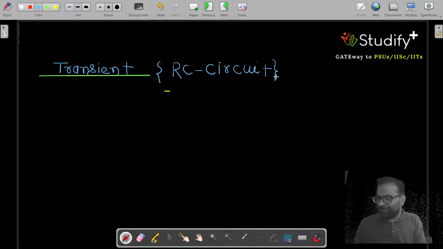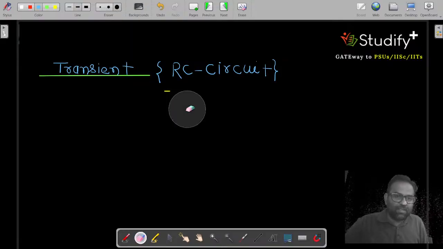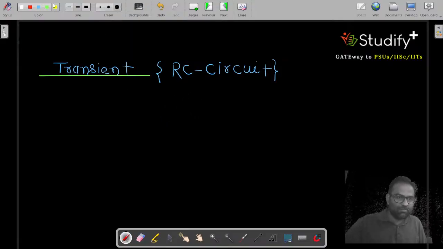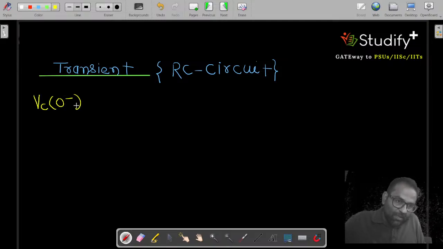Let's take one example. And as I said, we will analyze everything without any shortcut, just by the basics. What I have told you is that voltage across a capacitor does not change abruptly, so VC(0-) is always equivalent to VC(0+).